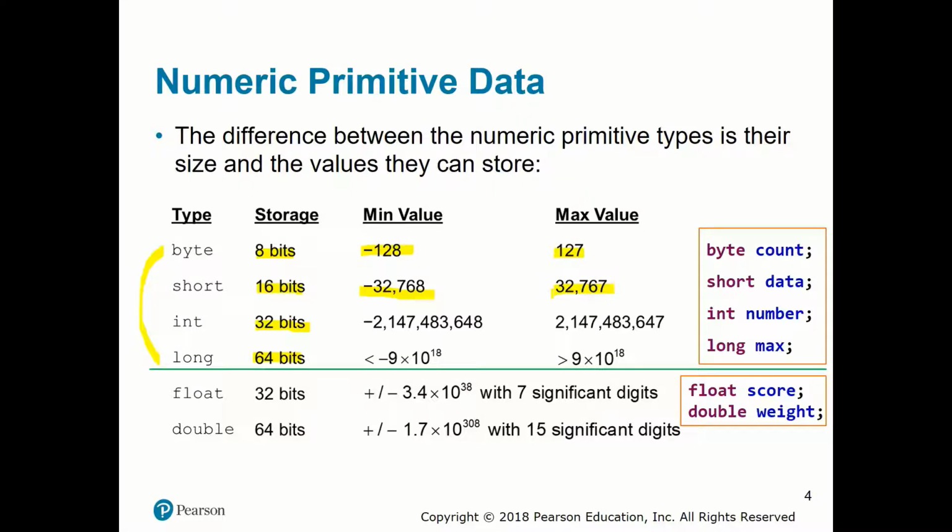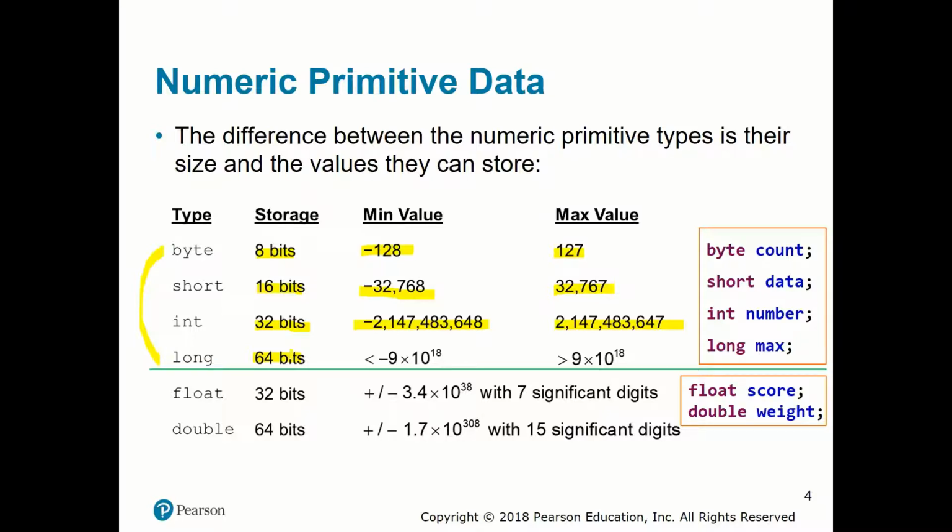Likewise, int provides 32 bits of space, and this is the smallest number to be stored in int type, and this is the largest number. And long provides 64 bits of storage. So long can have the biggest number and the smallest number.